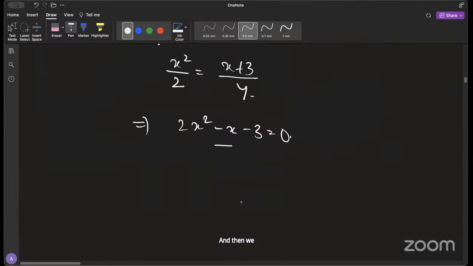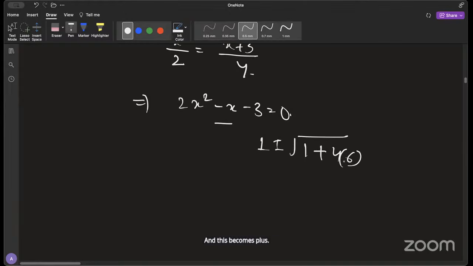And then we just have to find the roots of this, which are going to be minus b plus minus square root of b squared minus 4ac. So it is 1 plus minus square root of 1 minus 4 times minus 3 times 2. So it's 24, and this becomes plus, and then we have 4 here.